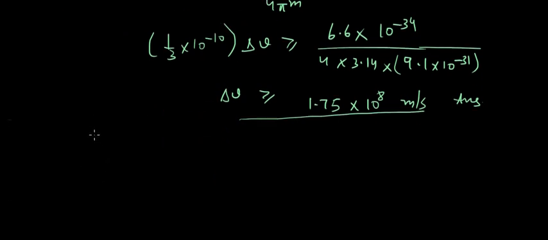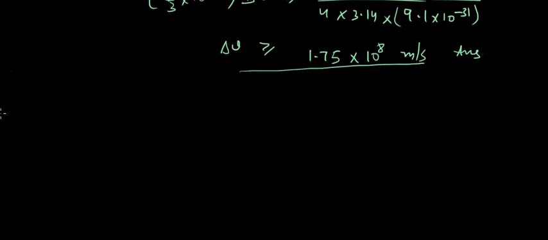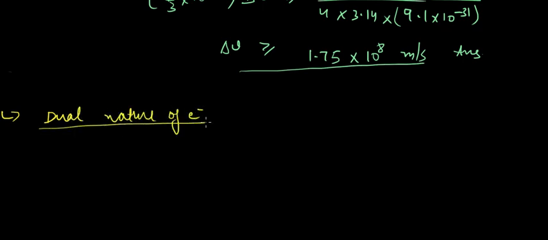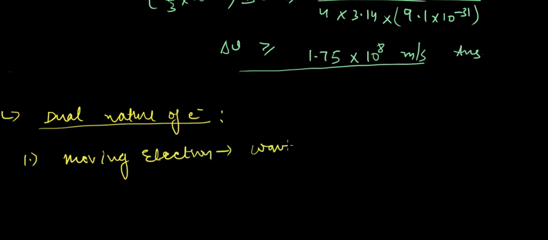Okay, let's see some notes on the dual nature of electron. So dual nature of electron is actually caused by, first, the movement of electrons, or rather a moving electron will have a wave nature.